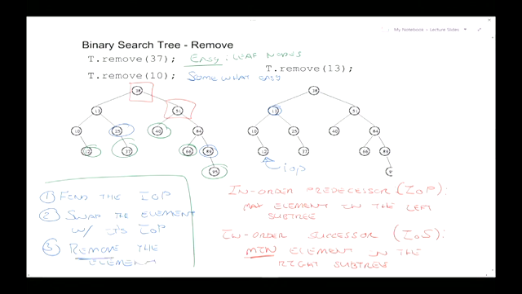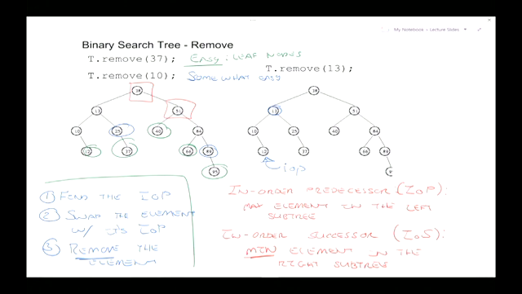And remove is a keyword here. So we're not going to quite delete it yet, because we'll find that there may be a time where delete's not entirely appropriate, but we need to remove it for sure. So let's see how this works. So we said for 13, the IOP is 12.